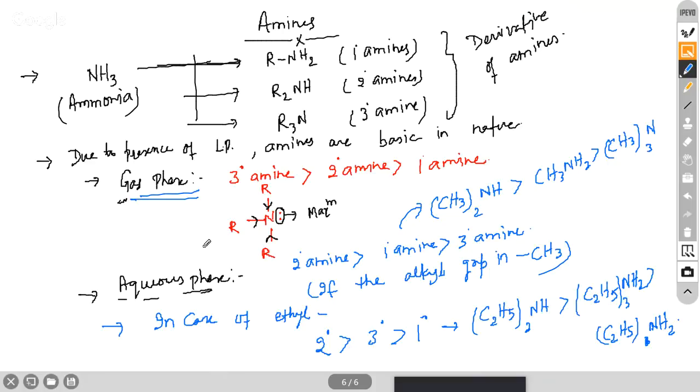Write down that in aqueous medium, the basic strength of amines depends not only upon the electron releasing effect, but also on steric effect and hydration effect.